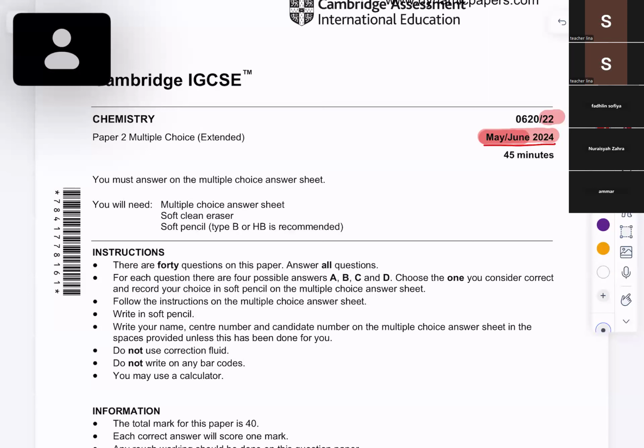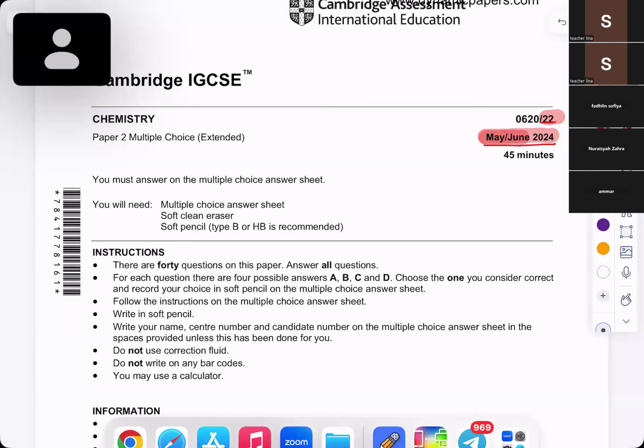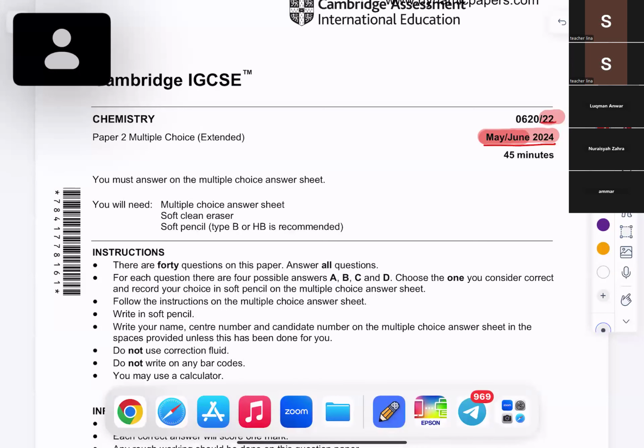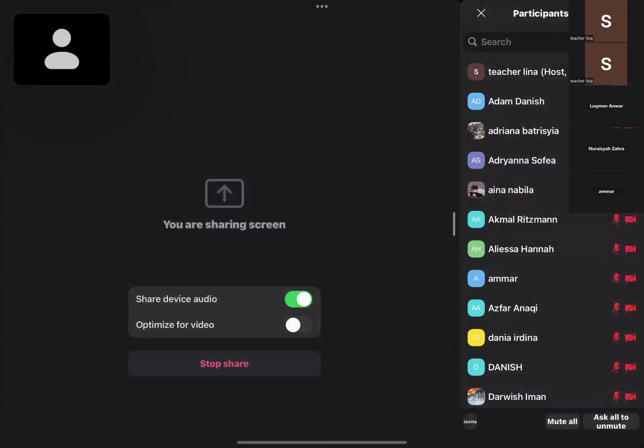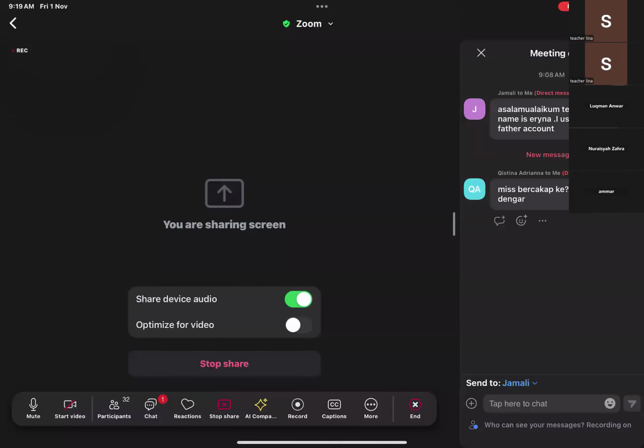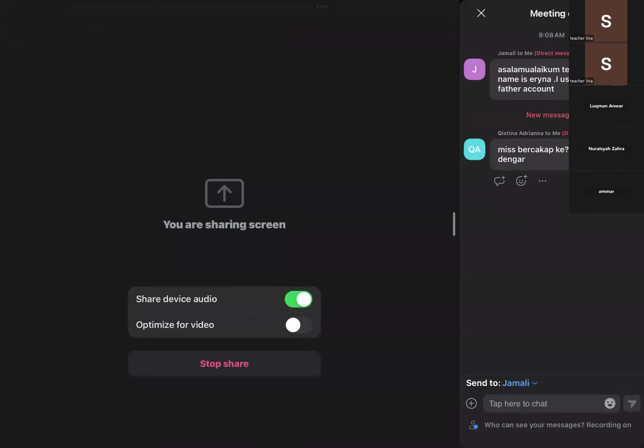May June 2024 variant 22. So jumpa tak? Jumpa tak sayang? Jumpa. Jumpa right. Kat sini ada. Saya Kristina. Teacher bercakap. You dengar suara teacher tak sayang? Ada dengar suara teacher?